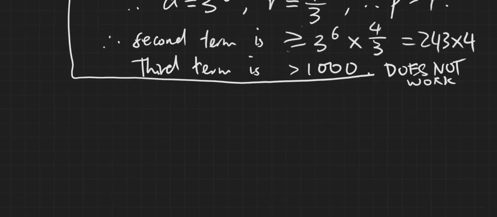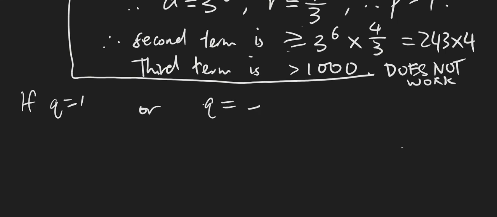So that leaves us with the case of q equals 1 or q equals 2. If q is 1, that means r is at least 2, because r is an integer greater than 1, and if the denominator is 1, then it must be an integer.